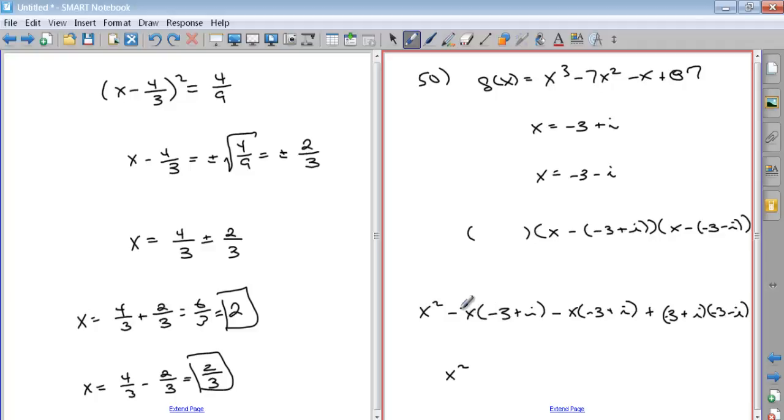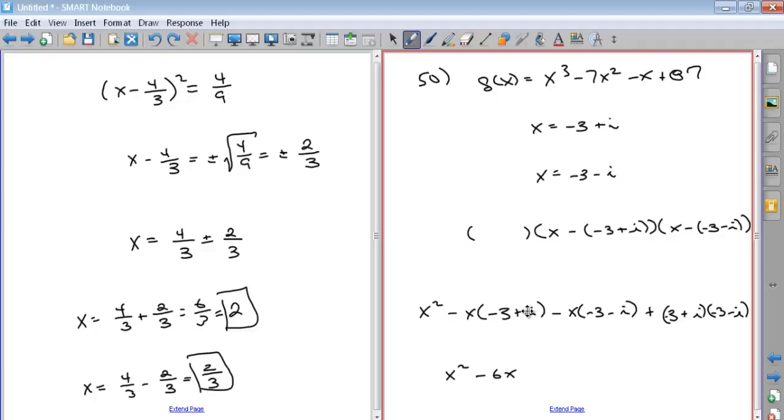So you've got negative x times negative 3, and negative x times negative 3, so that's negative 6x. With the i part, I did one of these signs wrong. This one should be negative i. So you get negative x times plus i, and negative times the negative is positive.